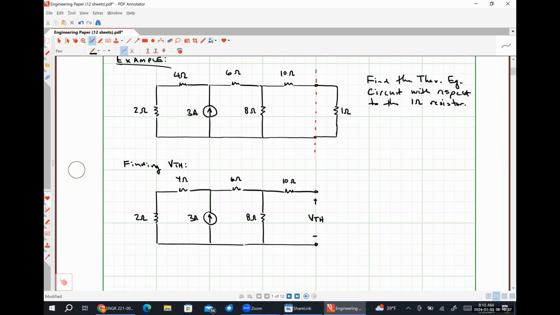In your homework assignments and exam questions, I will explicitly tell you the positive polarity reference will be on top, etc. So you'll always be told where to put your positive polarity terminal for your Thevenin voltage. That being said, it doesn't particularly matter as long as you're consistent, things are going to work out okay.